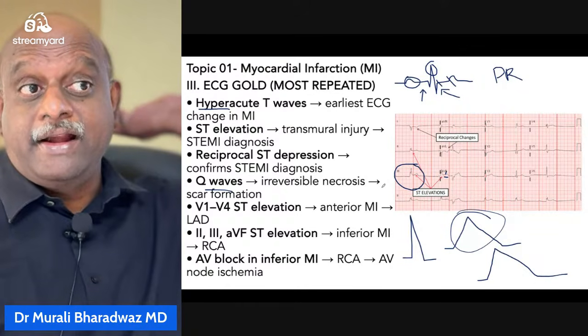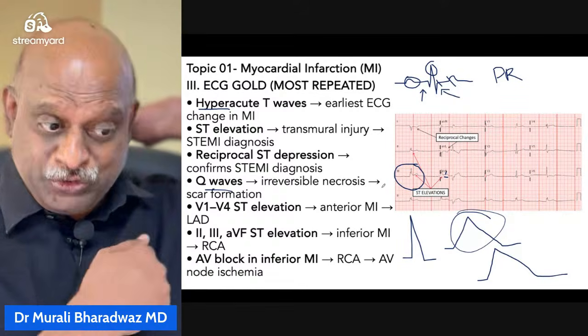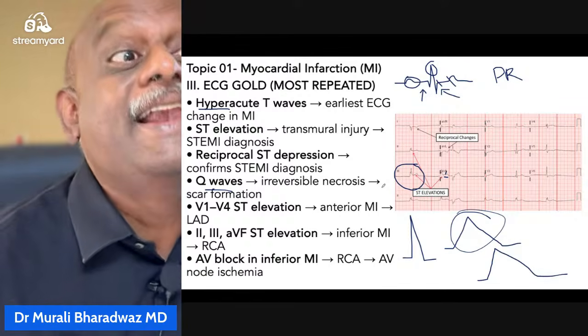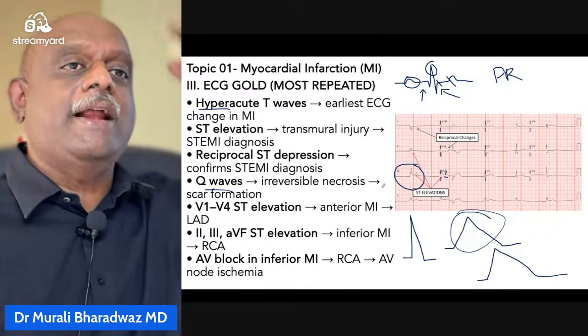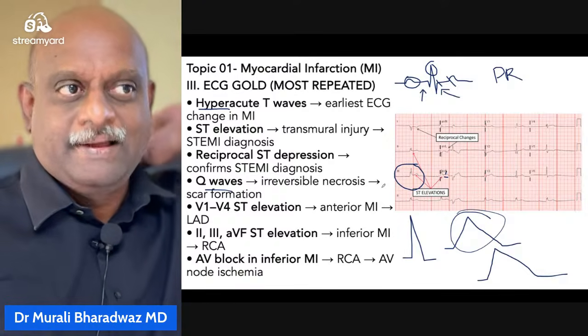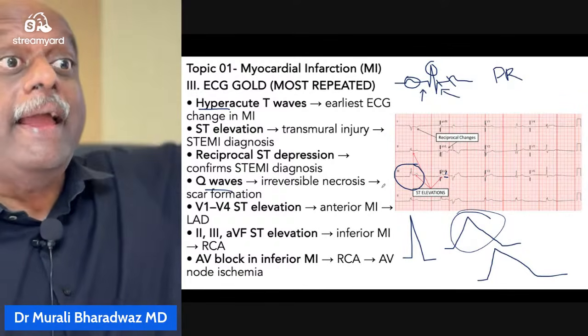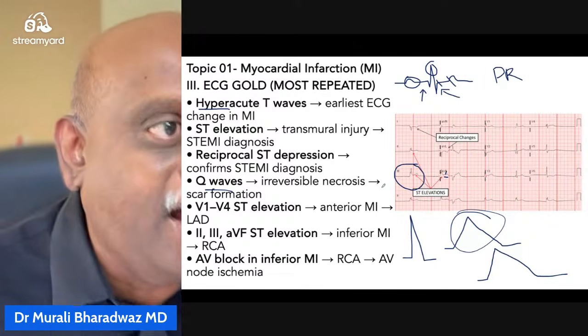Behind that, you have the left ventricle and left atrium. And what is the most posterior aspect of the heart? Left atrium is the most posterior aspect of the heart.